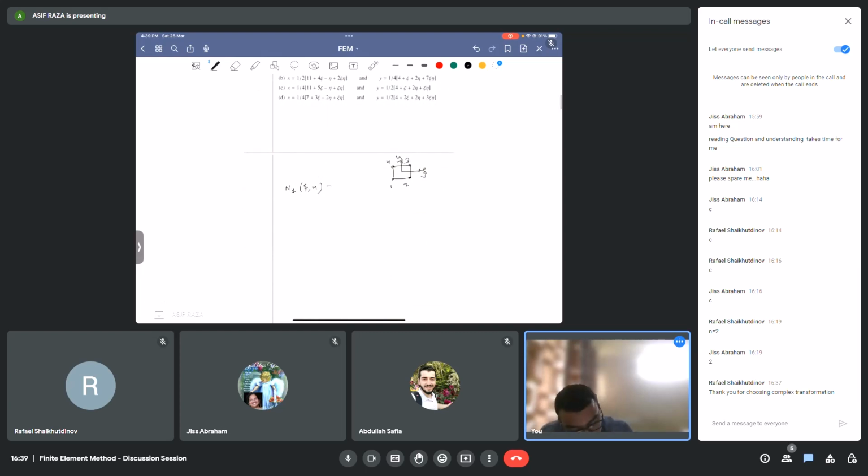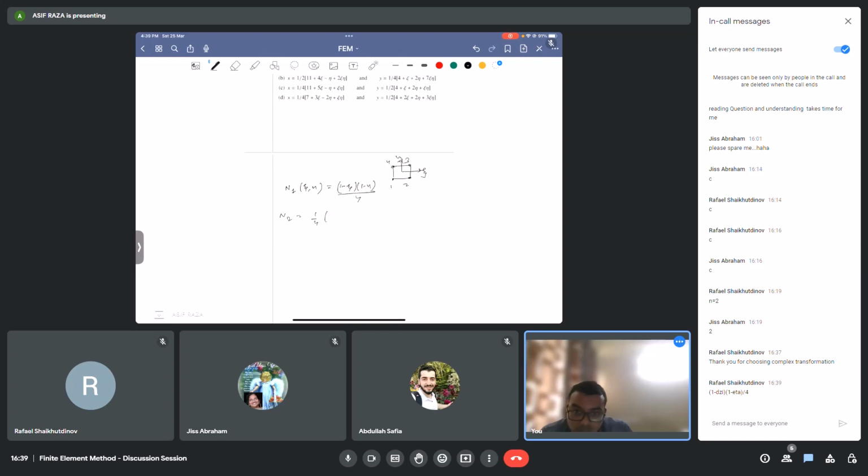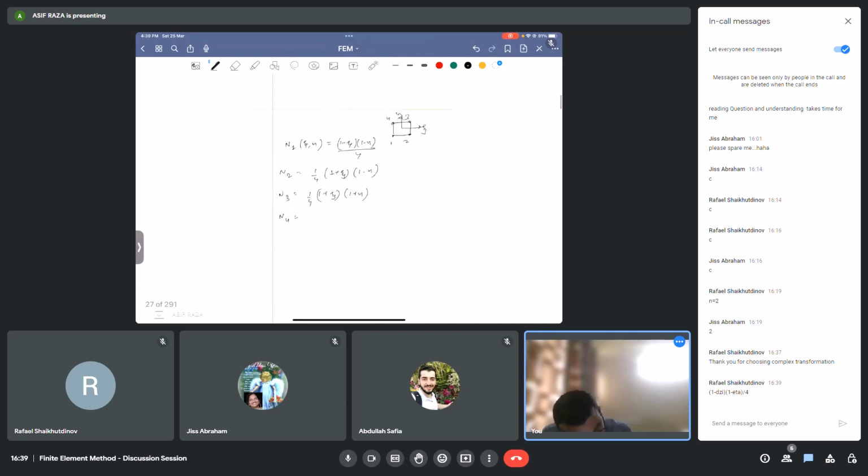So n1 would be equal to 1 upon 4, 1 minus xi, 1 minus eta. Then n2 would be equal to 1 upon 4, 1 plus xi, 1 minus eta. Then n3 would be equal to 1 upon 4, 1 plus xi, 1 plus eta, and n4 would be equal to 1 upon 4, 1 minus xi, 1 plus eta.